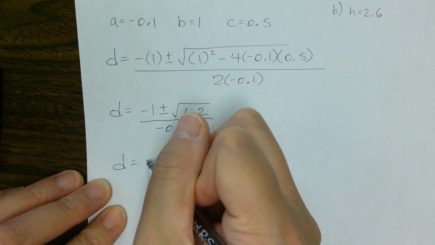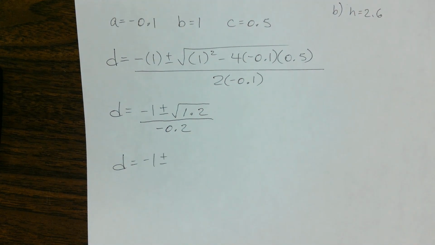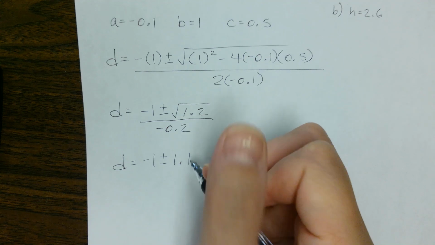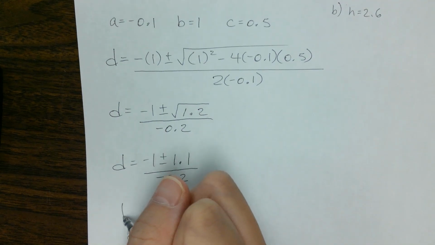Okay, so D equals negative 1 plus or minus the square root of 1.2, 1.1 basically, over negative 0.2.